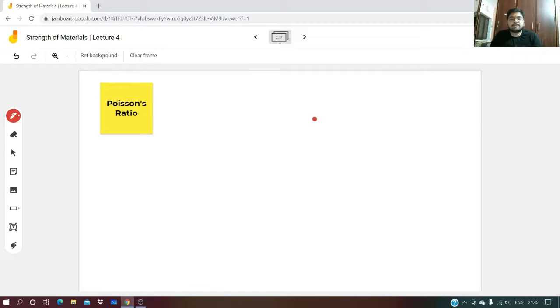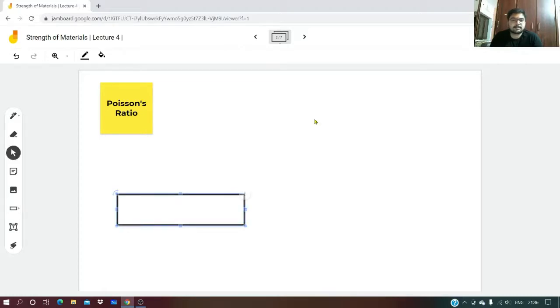Now coming to Poisson's ratio, just in the last session or last slide we have seen that if there is a bar, something like this, then we have seen that, sorry, don't mind mistakes in my drawing, understand what I am trying to say.